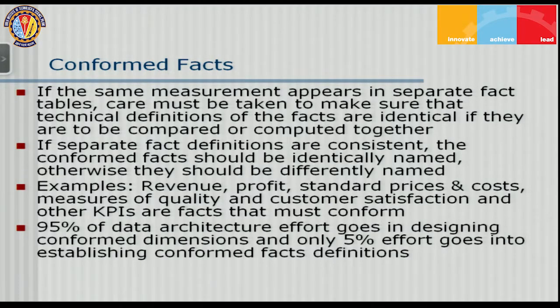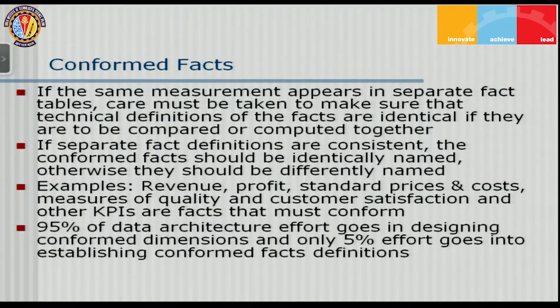Examples of this include revenue, profit, standard prices and costs, measures of quality and customer satisfaction, and other key indicators, right? Key performance indicators are the facts that must conform, because they may be shared across different processes, across different fact tables corresponding to these processes.